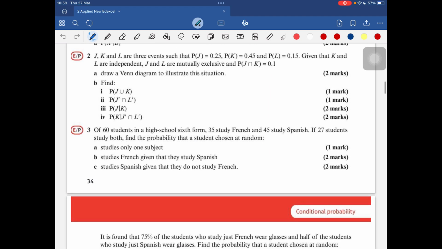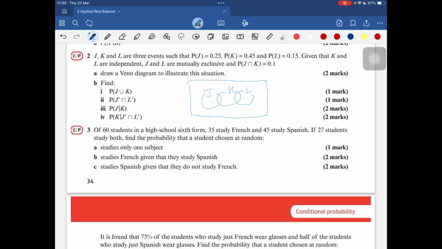J, K, L are 3 events, and they are like this. K and L are independent, and L and J are mutually exclusive. Okay, then we can make the diagram like this: J, K, and L, which is mutually exclusive.